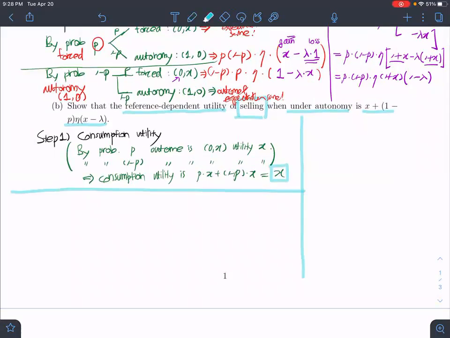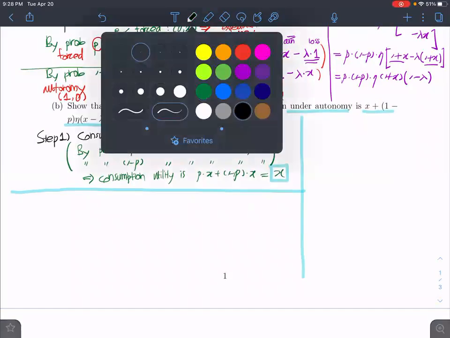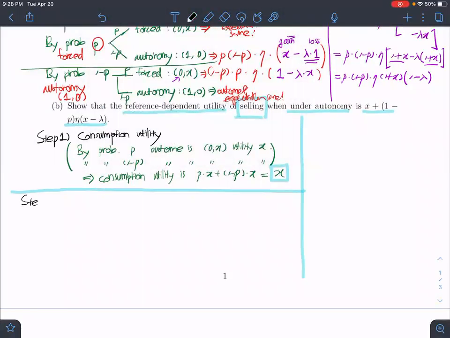Let me put step 2 here, also in the counterclockwise way. Now let's think about gain loss utility. We want to focus specially on when the outcome is different from my reference point, what I expected.